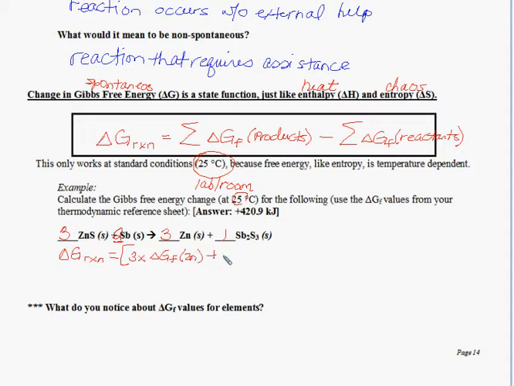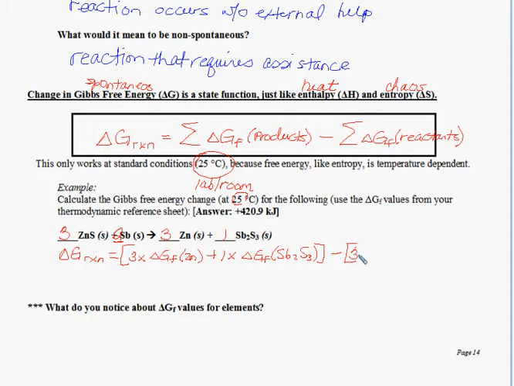We then want to include 1 of the antimony sulfides. Oh, let me rewrite it this way. We're then going to go ahead, now that we have all of our products listed, doing our reactants next.